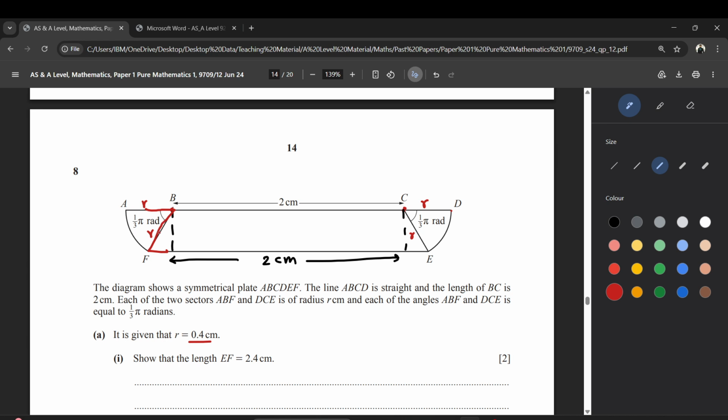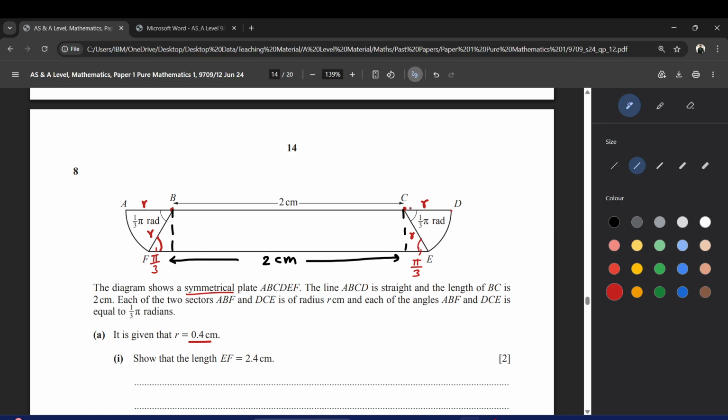So that means that this is an alternate angle over here. So if this angle is pi upon 3, then that means this angle is also pi upon 3. Okay, and the same goes over here as well, that this angle is also pi upon 3. It tells you that this is a symmetrical plate. So whatever we have over here is going to be the same on the right hand side as well.